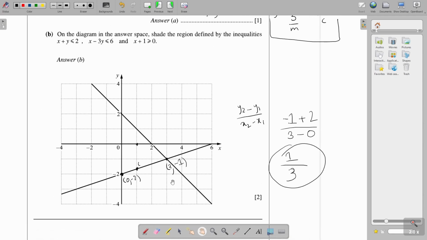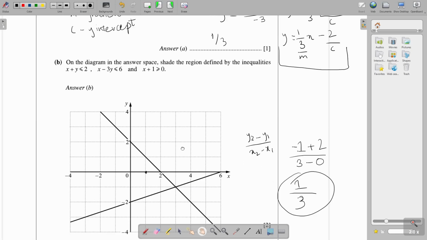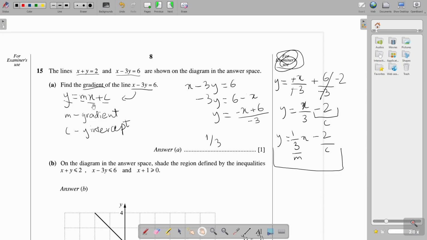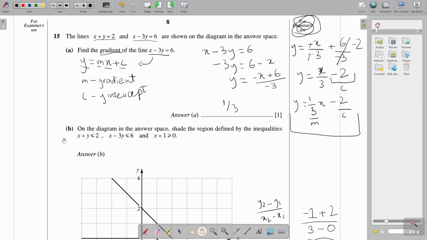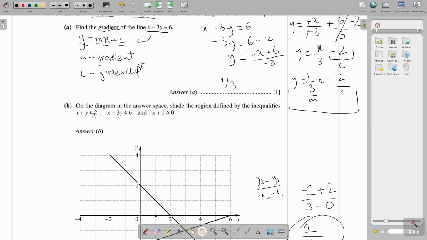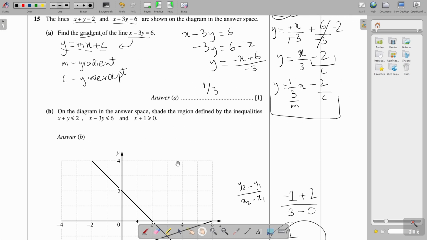So you could do it like that, where there's a possibility of mistakes, as I just demonstrated, or you could simply bring it into this form and figure out that this number is m, and that is the gradient. Okay, second part is, on the diagram in the answer space, shade the region defined by the inequalities.